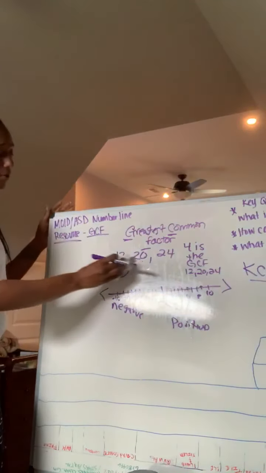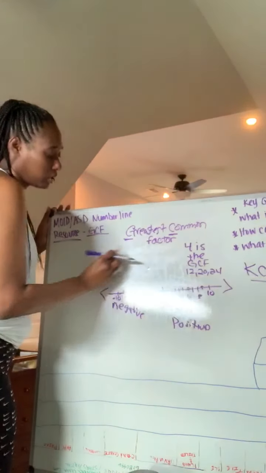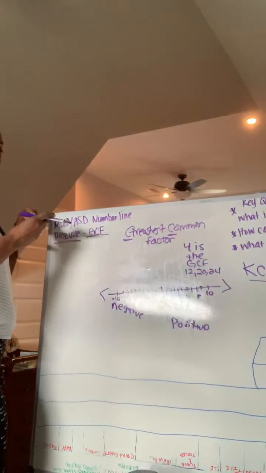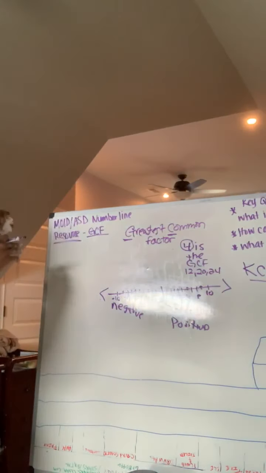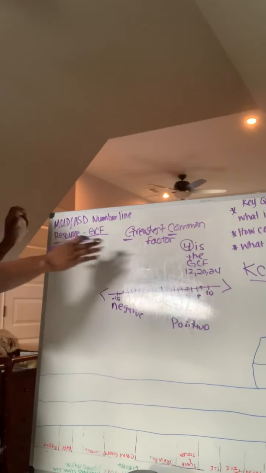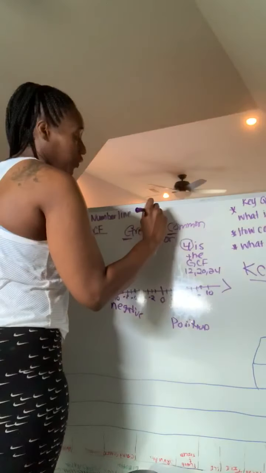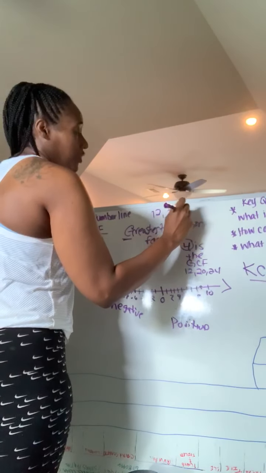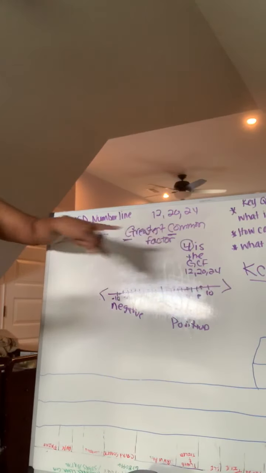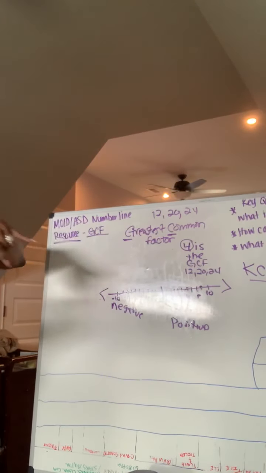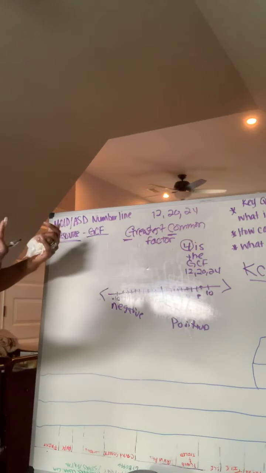So now we wanted to put the number 4 on our number line. The number 4 is positive. So my ASD students, you guys follow along. We found the greatest common factor of 12, 20, and 24. We said it was the number 4. So the number 4 that our resource students came up with, we are going to place on the number line.